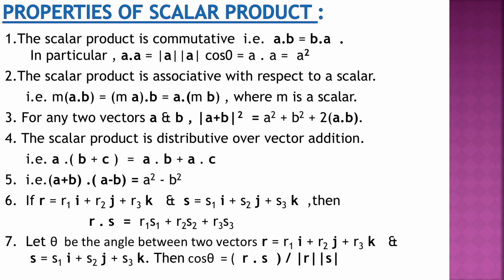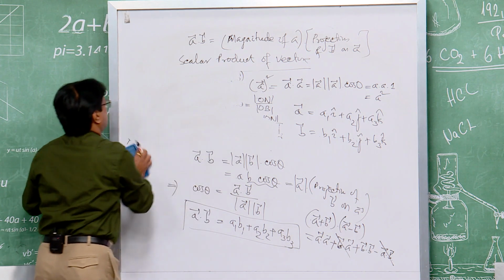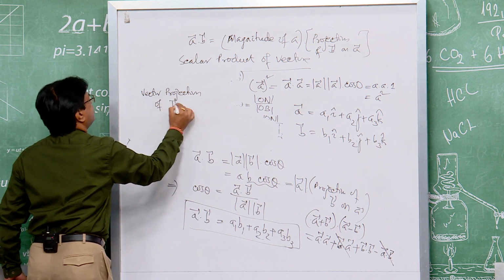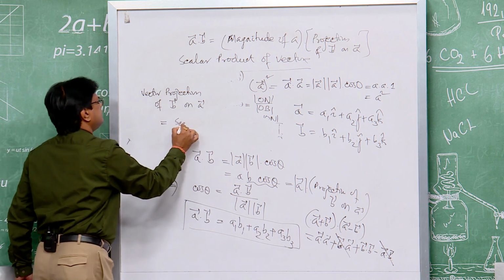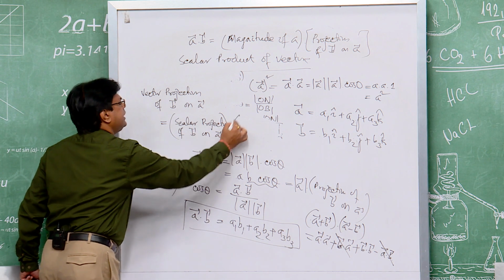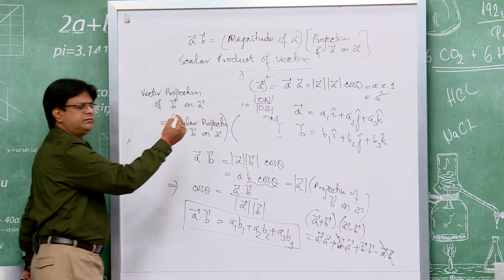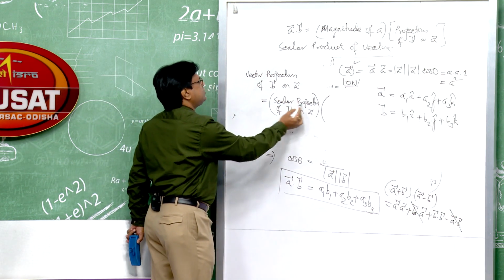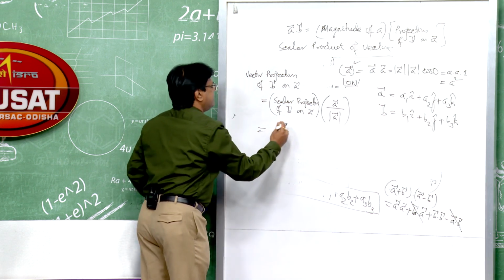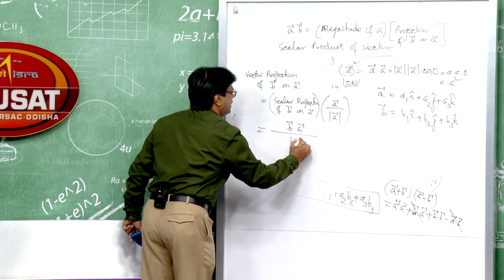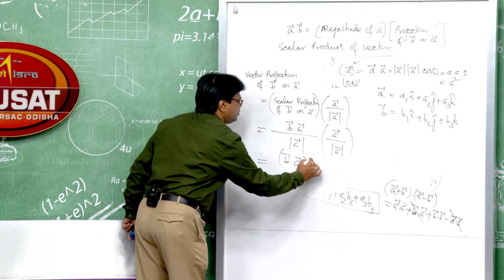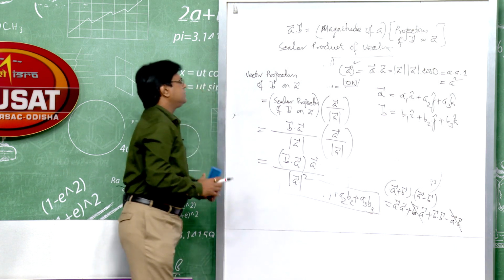Similarly, vector projection of B on A. This is your scalar projection of B on A into the unit vector along A, that is the vector projection of B on A, not of A on B. So the scalar projection of B on A is B dot A by A magnitude, and the vector projection is B dot A by A magnitude into A vector by A magnitude.